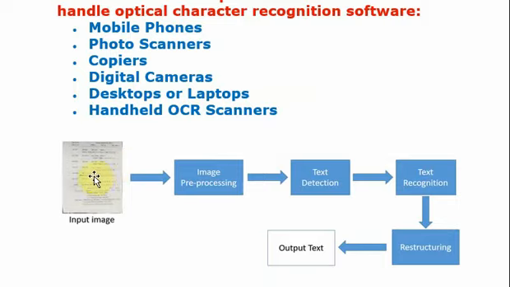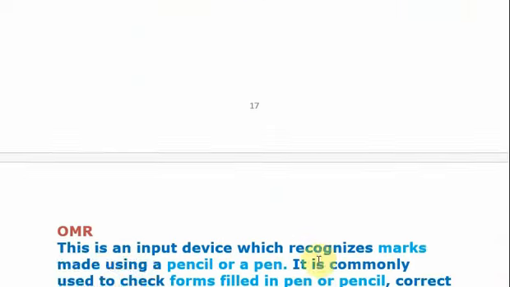The original input image will be saved here as an output text file. So nothing to memorize here. OCR means optical character recognition. It will recognize characters. What is the purpose? That's all. Then OMR means optical mark recognition.